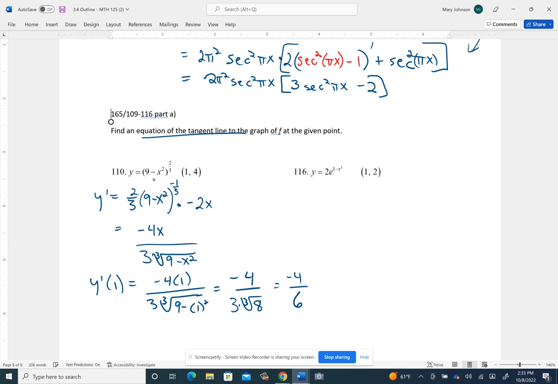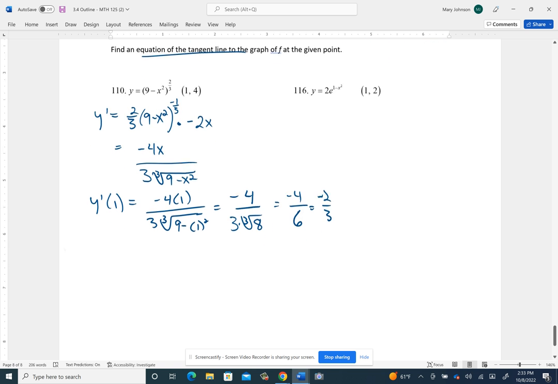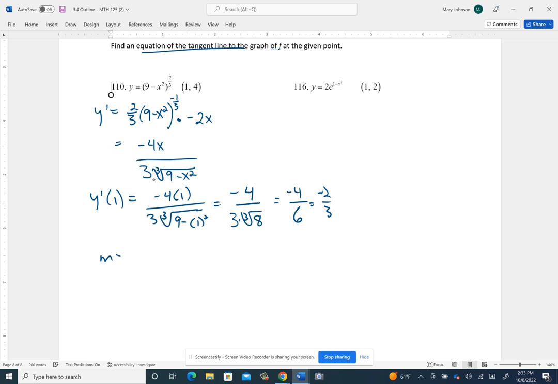So that'd be -4/6, which would be -2/3. Okay. So you've gotten the slope, and then you finally take the slope at that point together with the point (1, 4). And you do y minus 4 equals -2/3 times x minus 1.